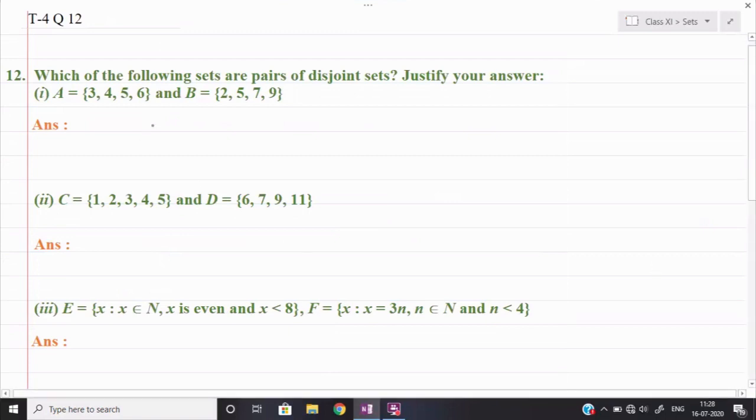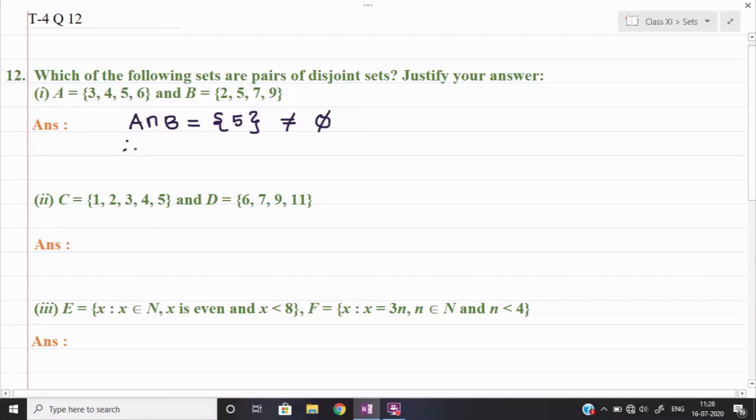For part number 1, A intersection B is equal to, observe between A and B, are you finding any element common? Yes, definitely you are finding 5 is common. So A intersection B is not equal to phi.